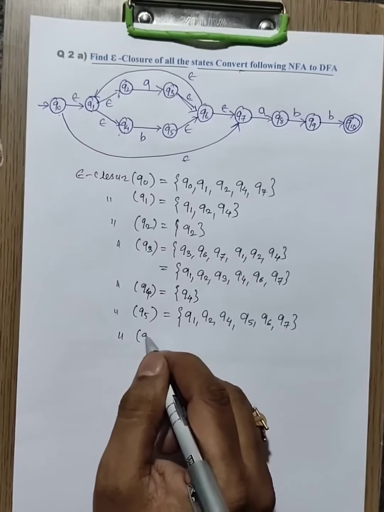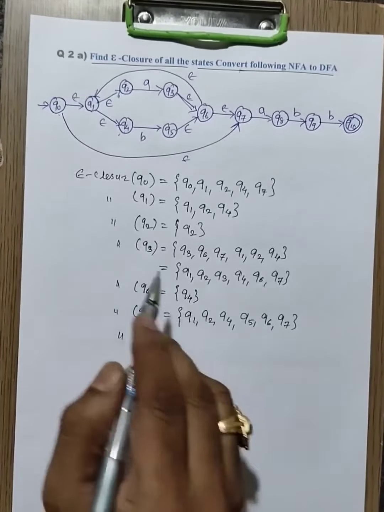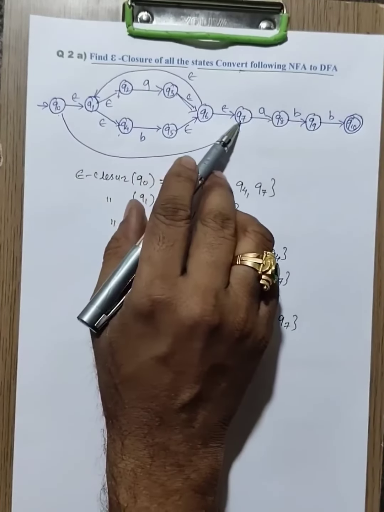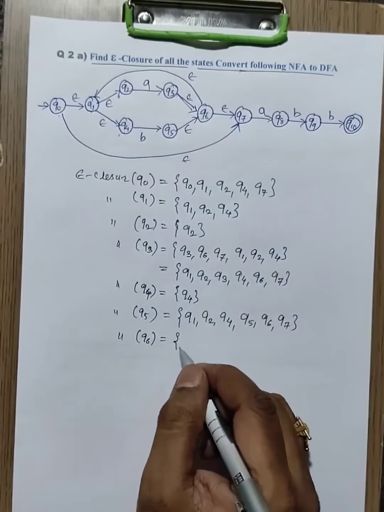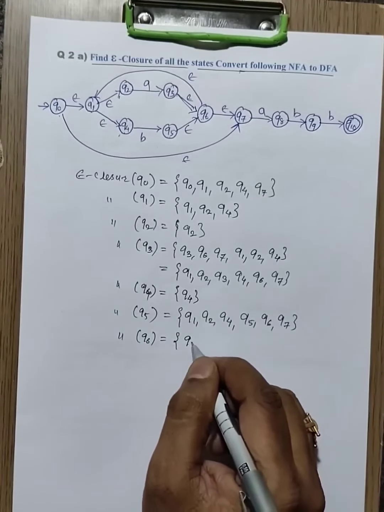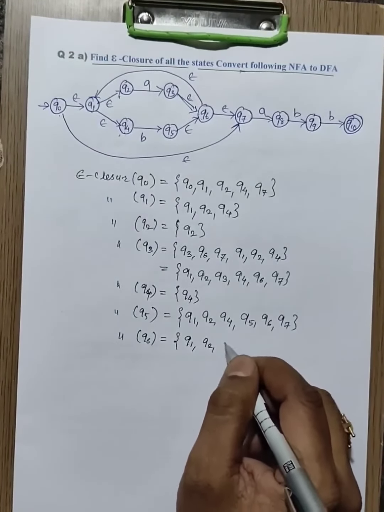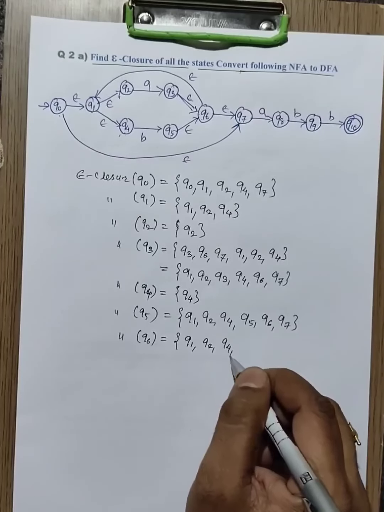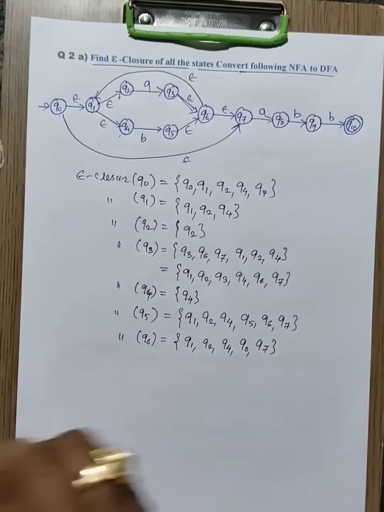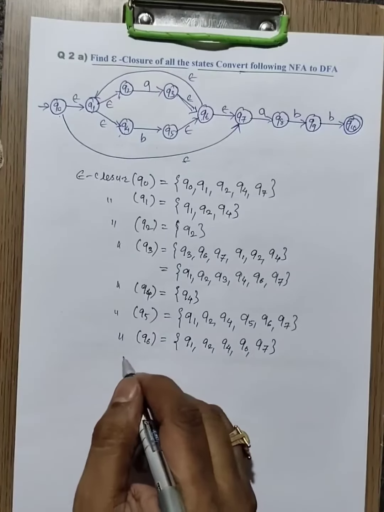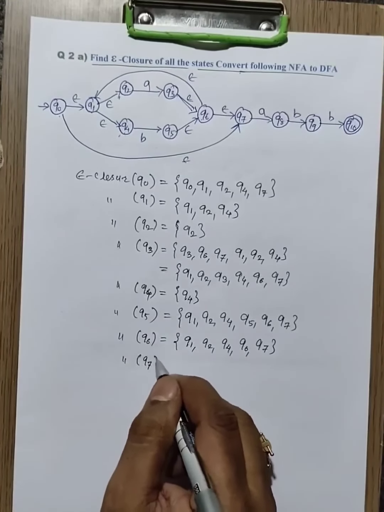Epsilon closure of Q6: Q6, Q7, then Q1, Q2, Q4. In ascending order: Q1, Q2, Q4, Q6, Q7.